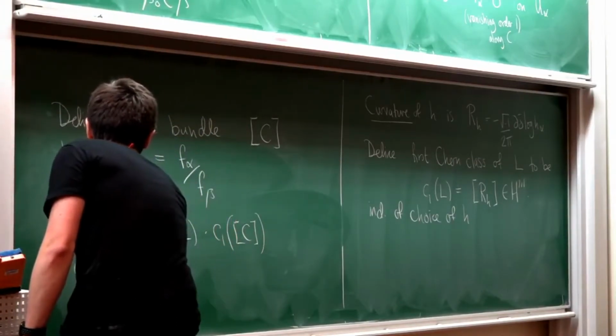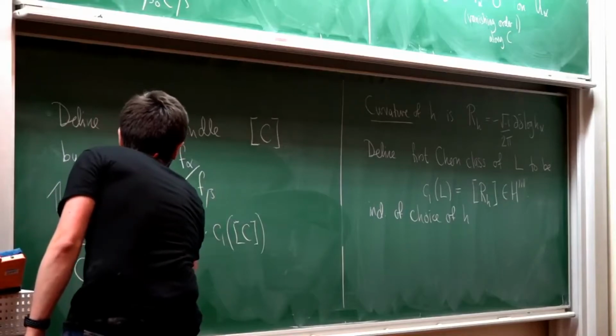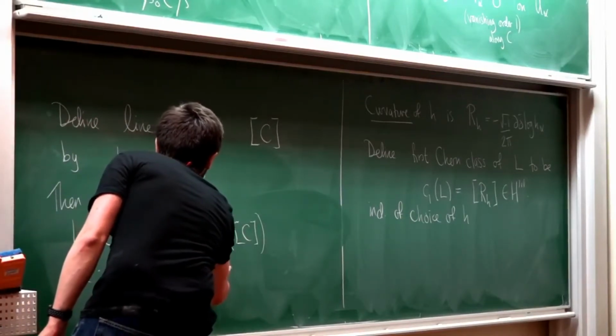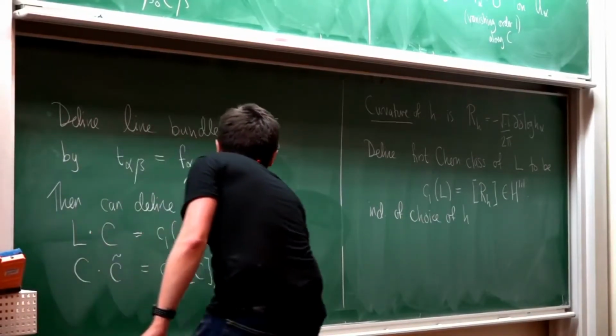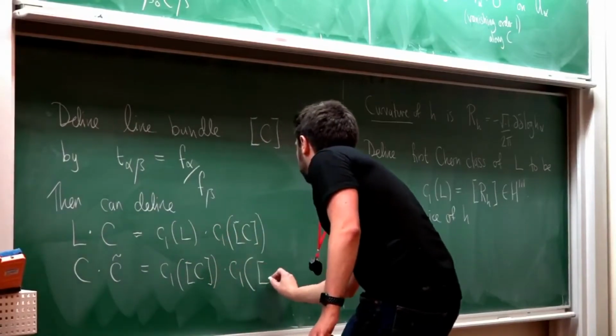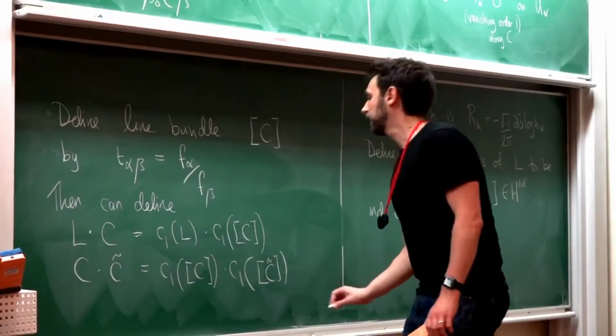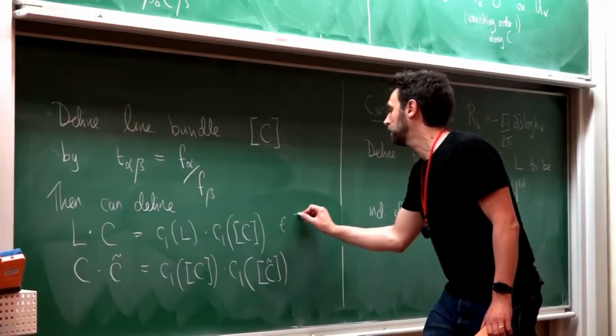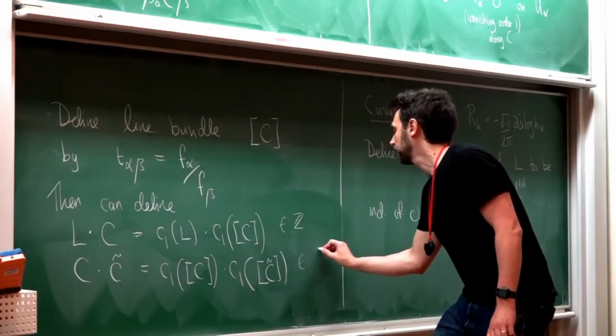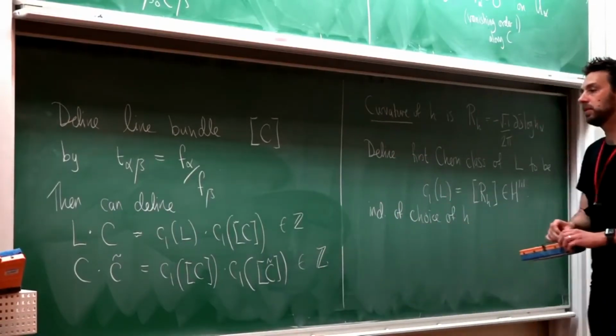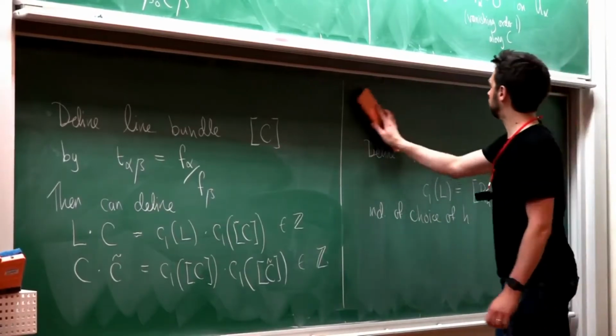And C dot C tilde, which would be C1 of C dot C1 of C tilde. And again, these would be integers. And so these are the so-called intersection numbers.